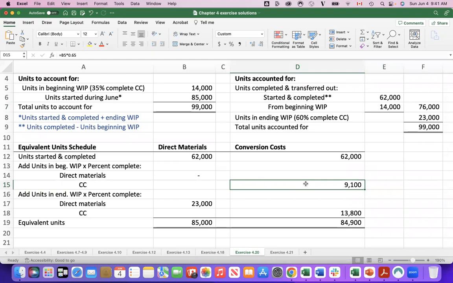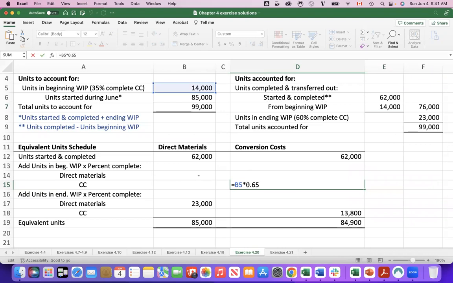So to get this equivalent units number for beginning work in process, I take the units in beginning work in process, which was 14,000, and I multiply it by 1 minus the rate of conversion cost completion. In this case, it'd be 1 minus 35%. That's how I get the 65% figure here, the 0.65.